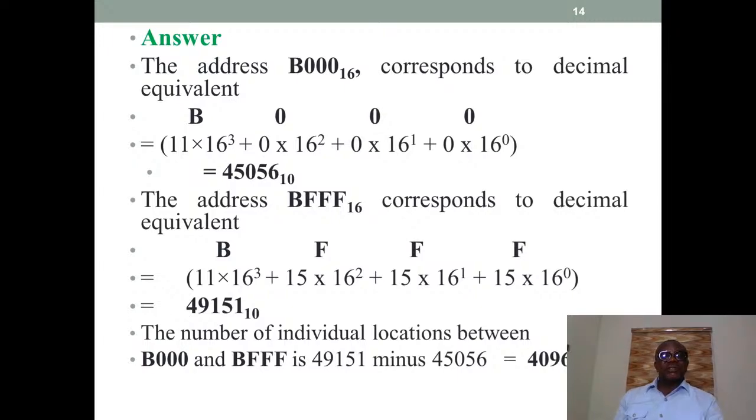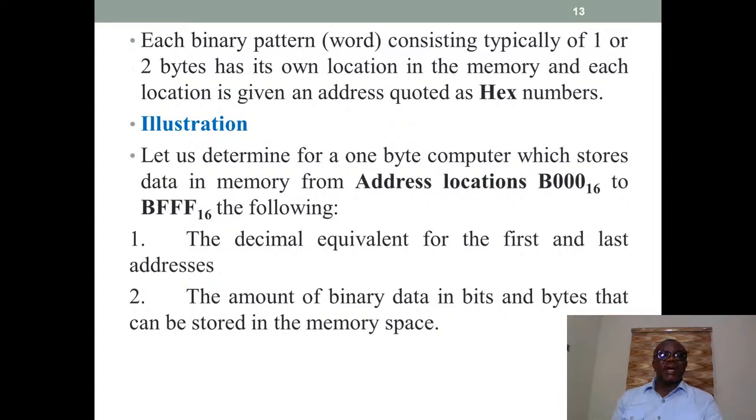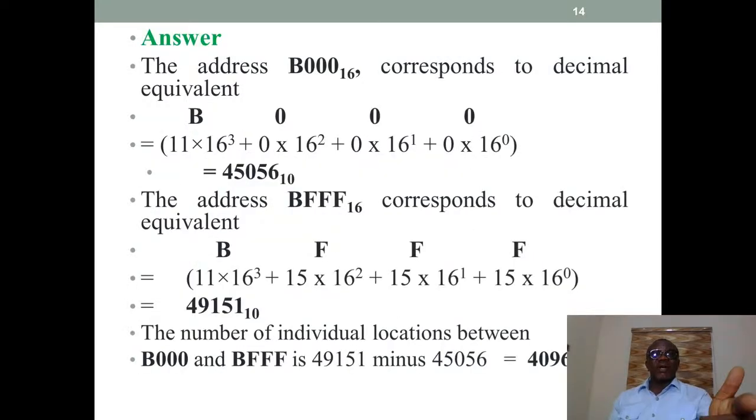So the question we are asked is one, the decimal equivalent for the first and the last addresses. We have found the decimal equivalent of the first address, which is 45056, and of the last, which is 49151.